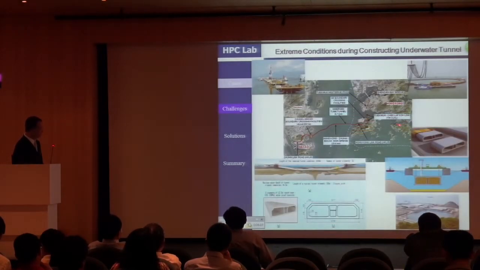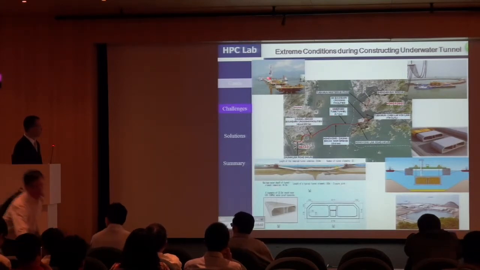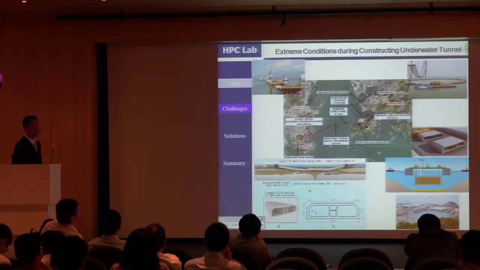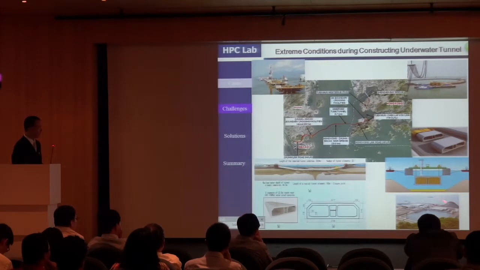To construct this linkage, we should build the bridge foundations, the piers, and the artificial islands to connect the bridge and tunnel. But for the tunnel, we should prefabricate the segments, ship them to the construction site, and sink them to form the whole line.